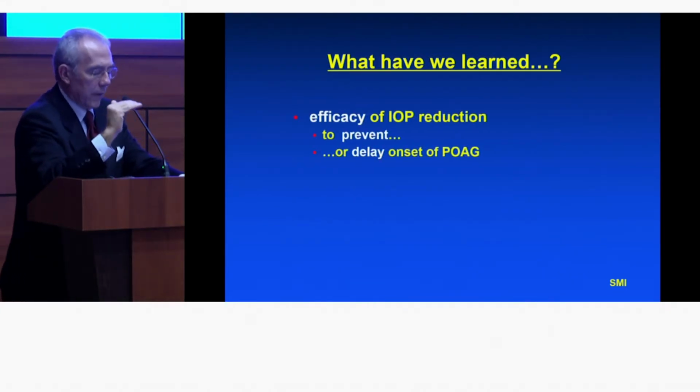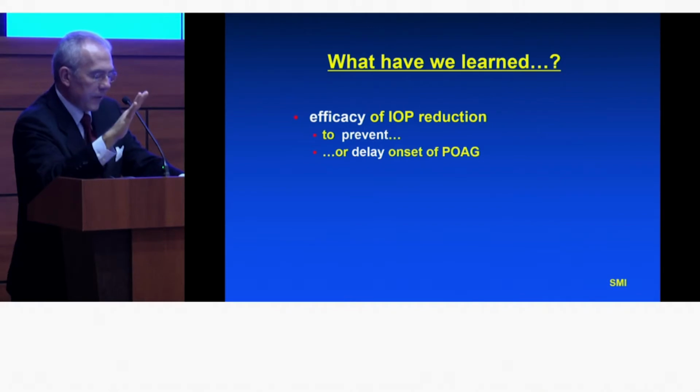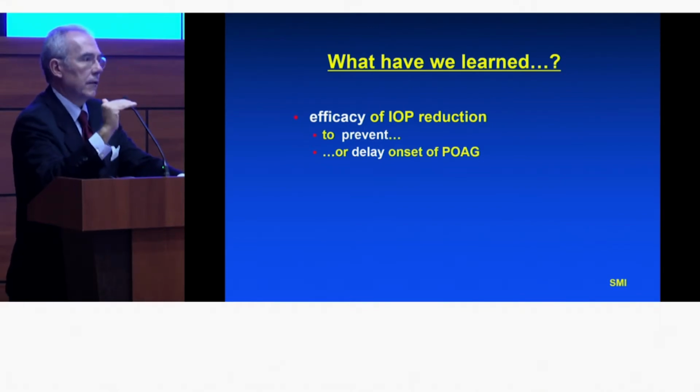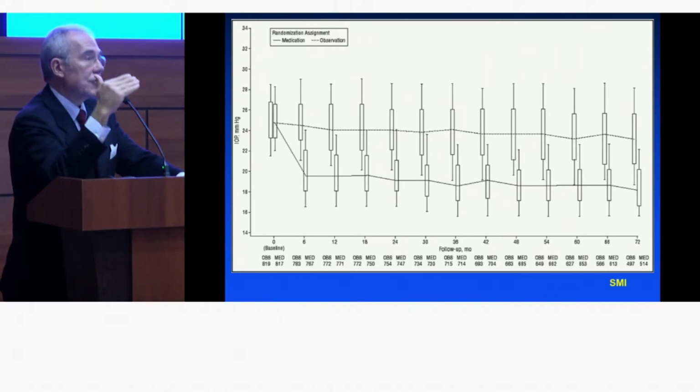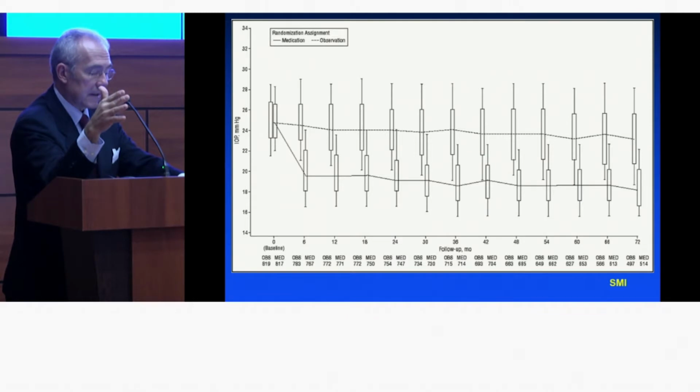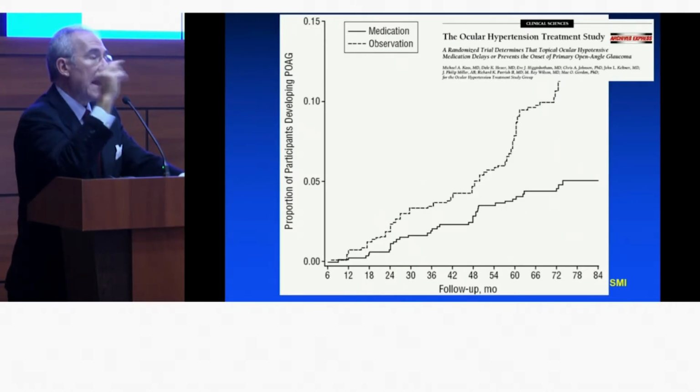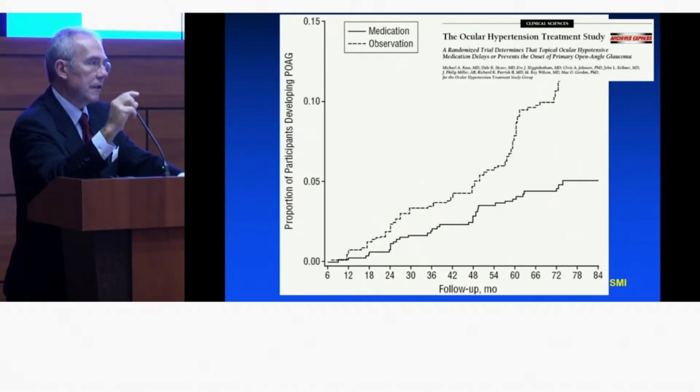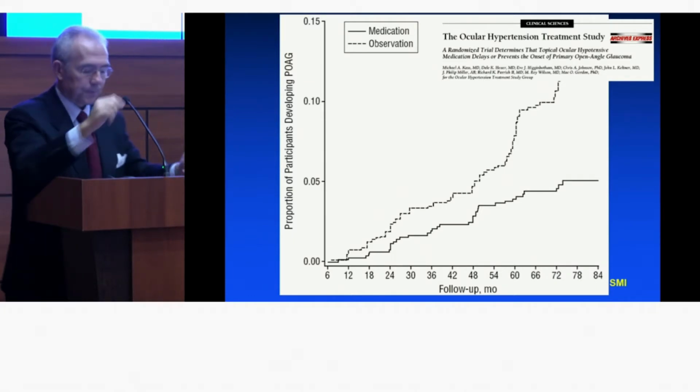From the OHTS, we have learned that the efficacy of IOP reduction is important in preventing or in delaying the onset of glaucoma. In fact, by achieving at least a 20% IOP reduction during the follow-up of 5 years, it was possible to make a clear difference between those who were treated from those who were not treated, okay? As you can see from this figure.